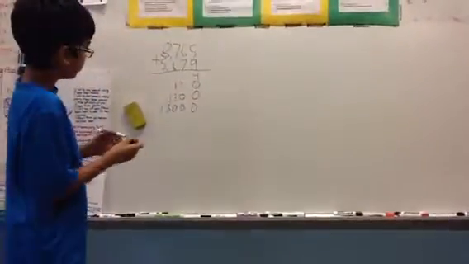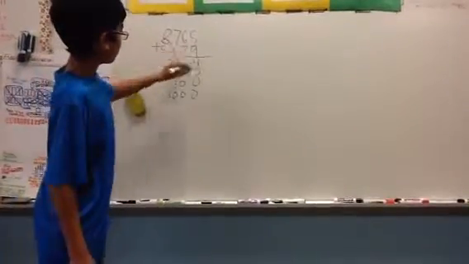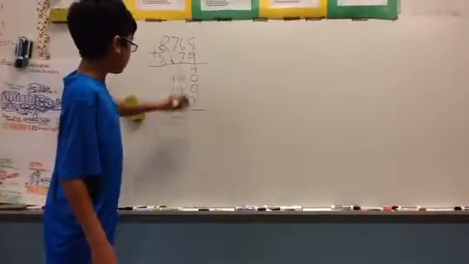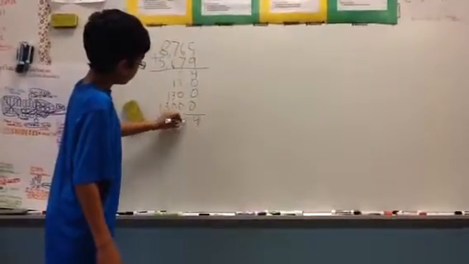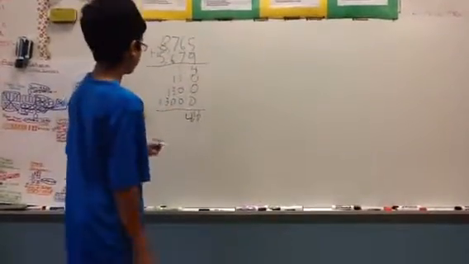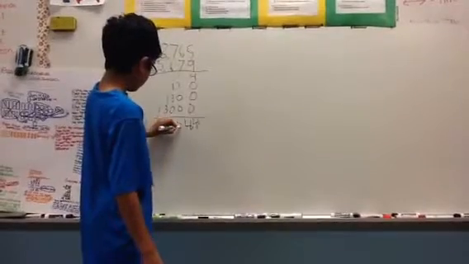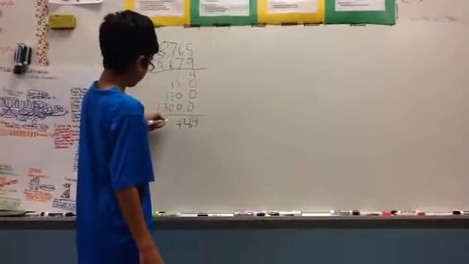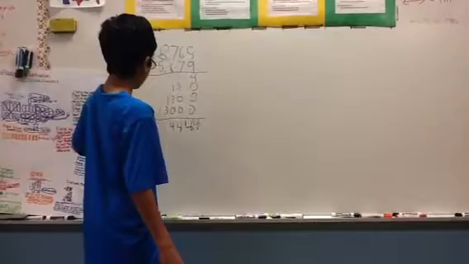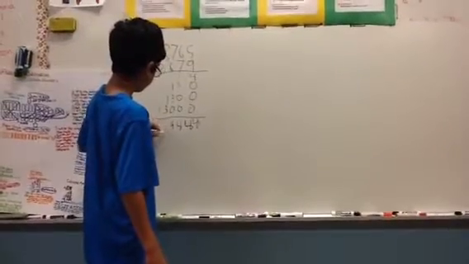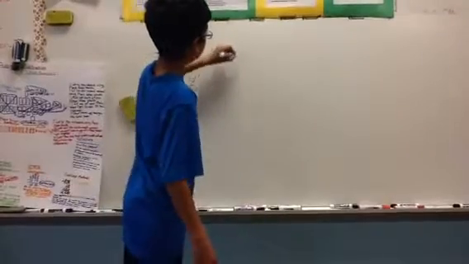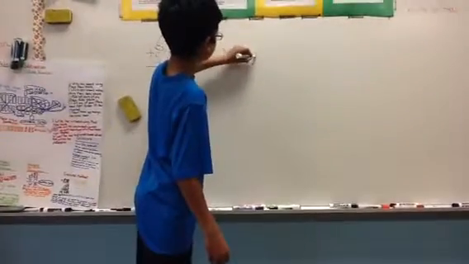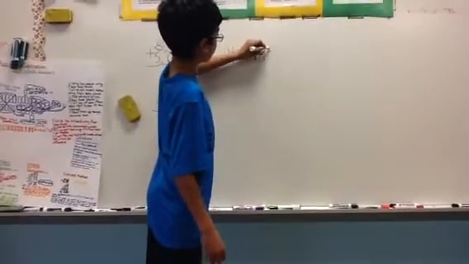So, you're going to add these together. 4, 4, 4, sum is 14,444.